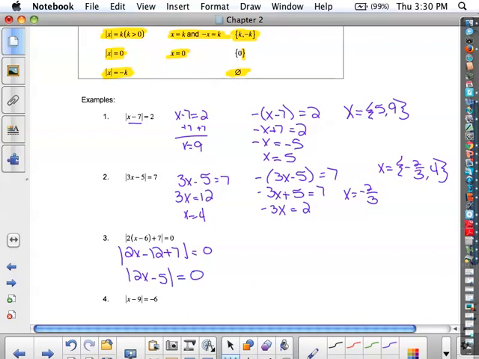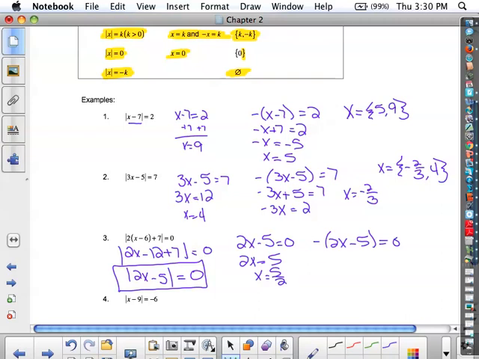And then you can take that and set up your two equations. So 2x minus 5 equals 0, and then the opposite, minus (2x minus 5) equals 0. So 2x is equal to 5, x is equal to 5 halves, and minus 2x plus 5 equals 0, so minus 2x is equal to minus 5. So here, x is equal to 5 halves, so we only have one value in our set, and that is 5/2.